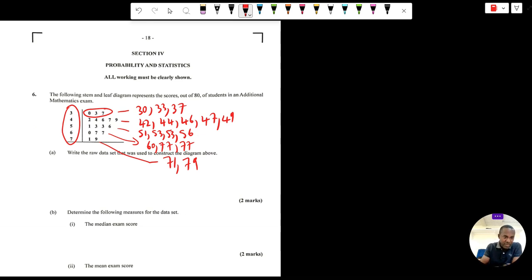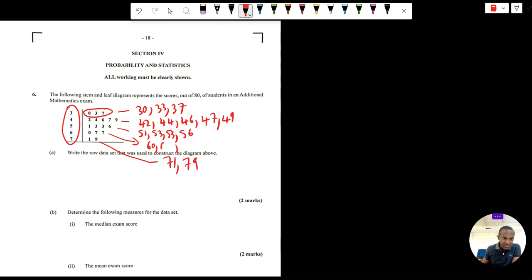Now, part A of the question says, write the raw data set that was used to construct the diagram above. And essentially, we've just done that. We've written them out: 30, 33, 37, 42, 44, 46, 47, 49, 51, 53, 53, 56, 60. All right, so see a little mistake here. These should not be 77 because you haven't reached the stem of 7 as yet, but you're still on 6.